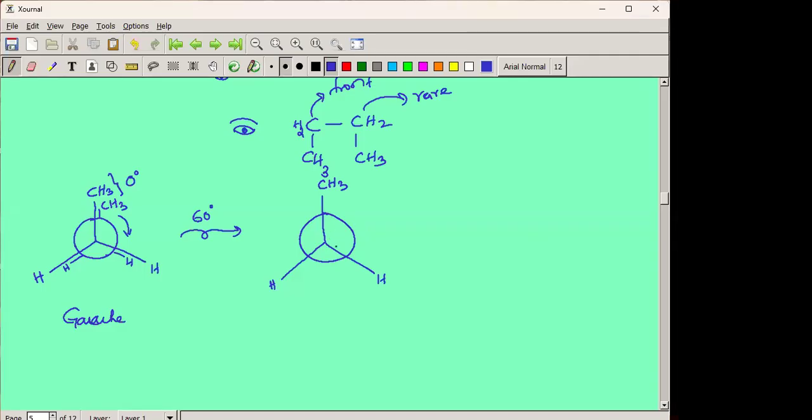Our angle is 120 degrees, half of the angle is 60. So this is 60 degrees, and we get this structure. Okay, what is the name of this? Staggered. Staggered.